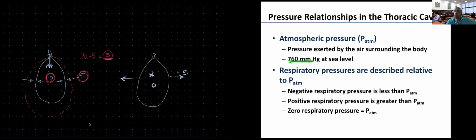What is the effective pressure that will allow it to be inflated? Pressure inside minus the pressure outside. So 0 minus negative 5 is equal to 5.